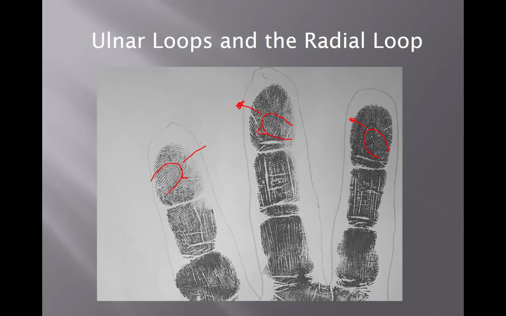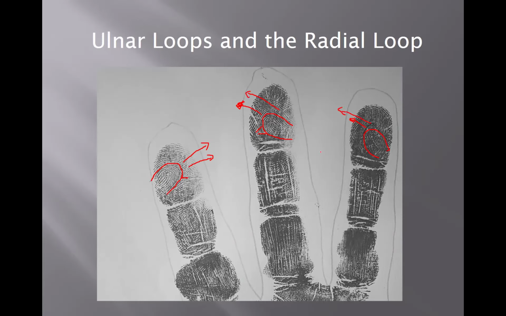So if you think of the motion of a fingerprint pattern, think of the loop like a wave. You can see that the wave is rising and crashing, and so the energy of that wave is going that way towards the inside, whereas the energy of these other fingers is going that way out towards the thumb and the external world that way.